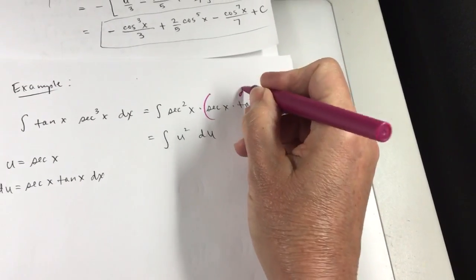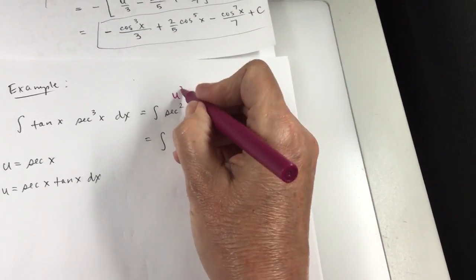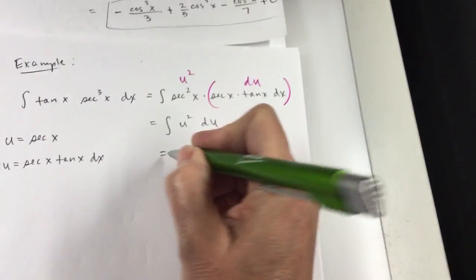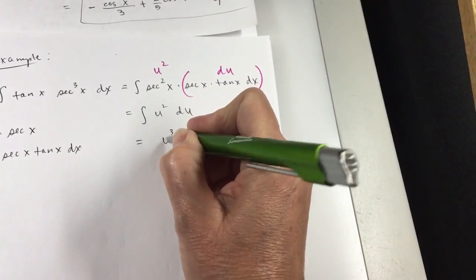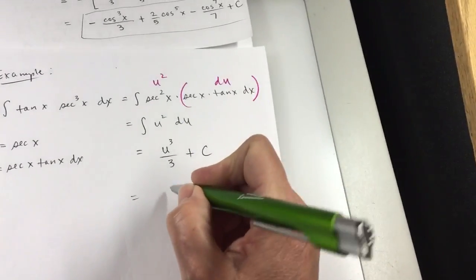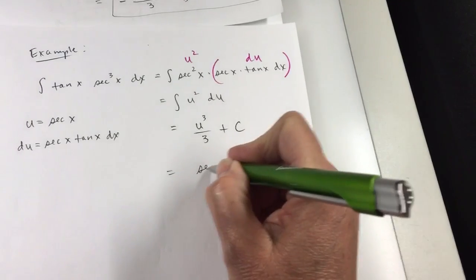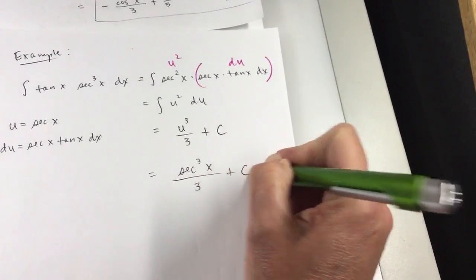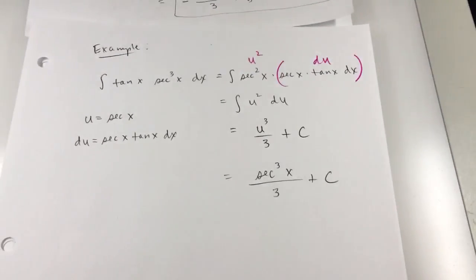Here's the du, and this is u squared. All right, so what's the antiderivative of u squared? U cubed over 3 plus c. Resubstitute secant x. Secant cubed x over 3 plus c. There it is. There's that problem.